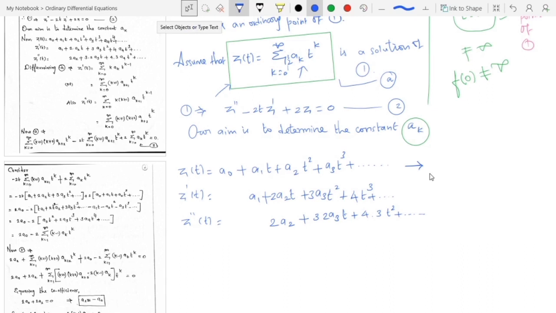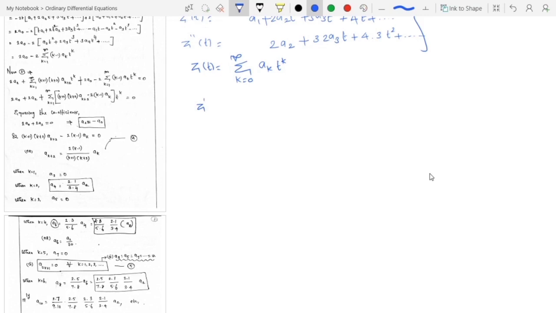Also, we can rewrite these infinite series in summation format. Differentiating z of t, z dash of t is equal to summation k varies from 0 to infinity, a_k constant, differentiating t to the power k gives k t to the power k minus 1.